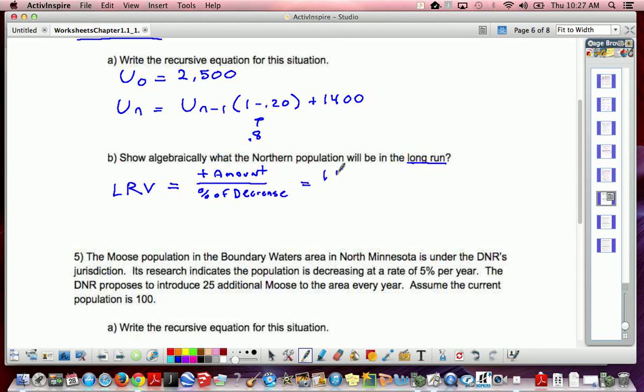So in this case, 1,400 divided by 0.2, because it's going down by 20% each year. And if we do this over the long run, the DNR hope to have 7,000 northern in this lake on a consistent year-by-year basis as long as they continue to do this.